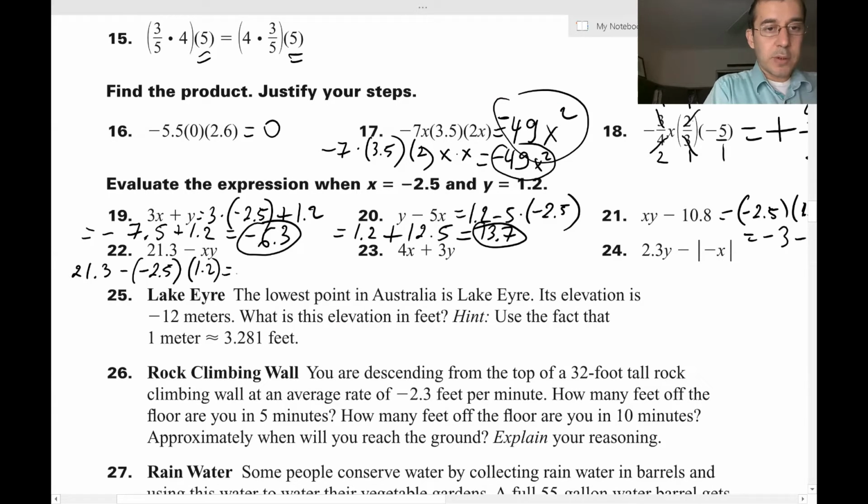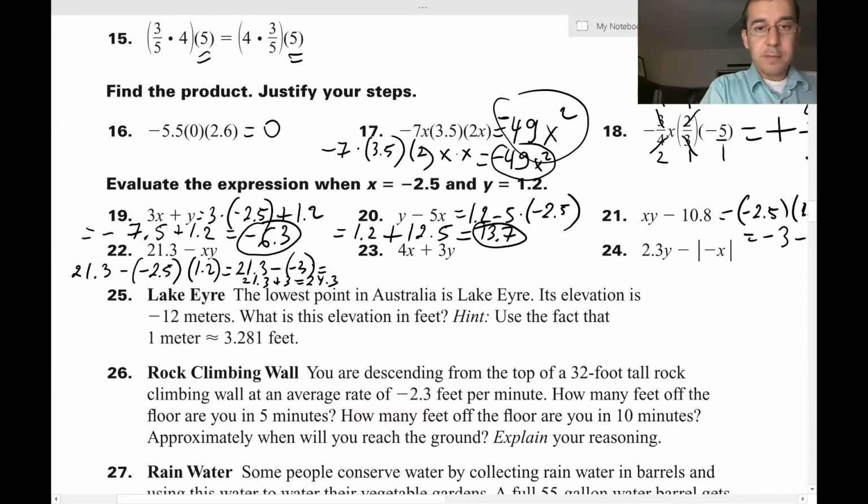We have 21.3, and then minus 2.5 times 1.2, that's 3. So we have minus 3 here, or this is 21.3 plus 3, or this is 24.3.